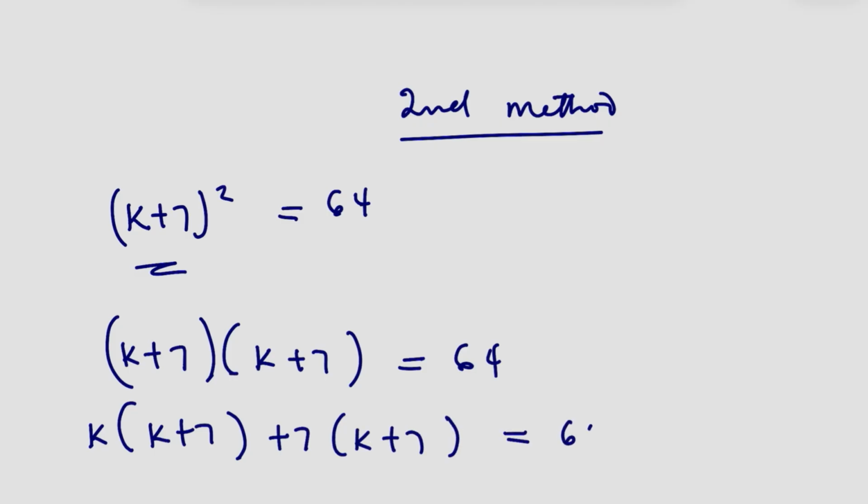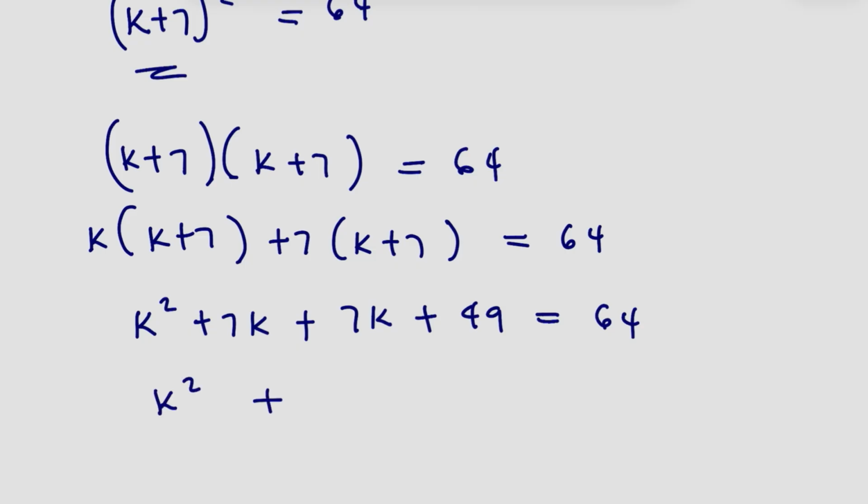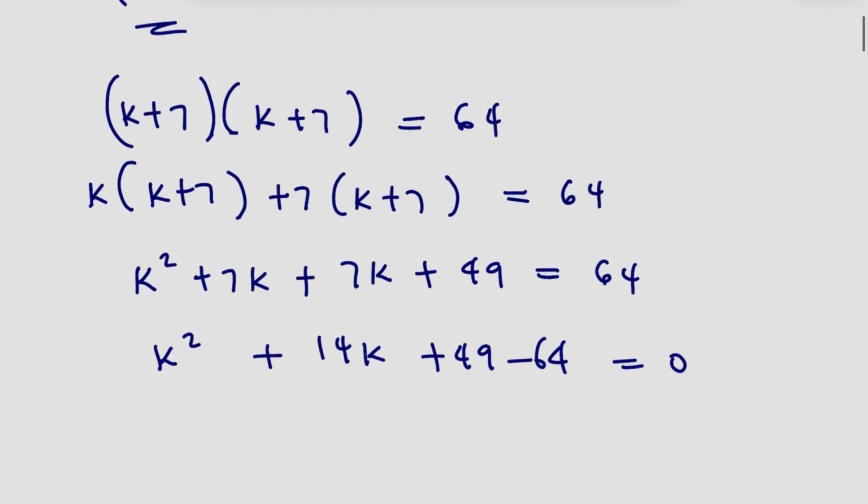This is equal to 64, and we would have k² + 7k + 7k. Now 7 times 7 is 49. So we would have k² + 14k + 49 = 64. Let us transfer 64 to the left hand side. It becomes negative, and this is 0.